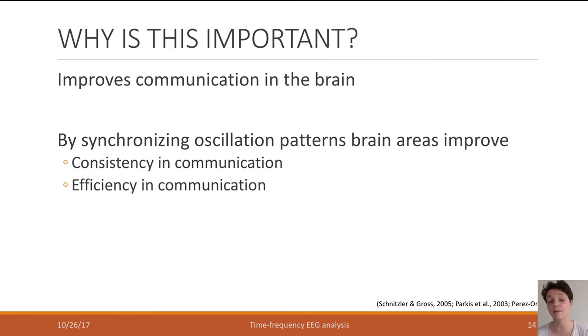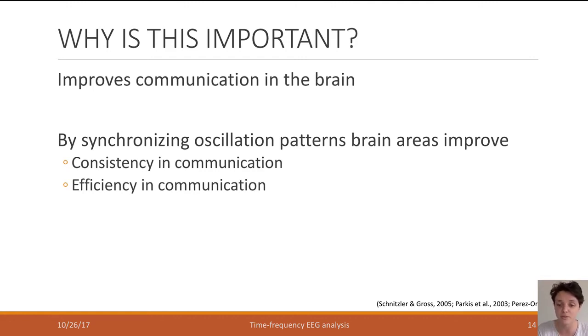It also improves efficiency in communication. And this goes back to what I was telling you about earlier, and that is that in the trough of the oscillation, so if the oscillation goes down and then we have the minimum peak of your oscillation, a brain area becomes very reactive. So it can become active very easily because the whole area is sort of lowly active.